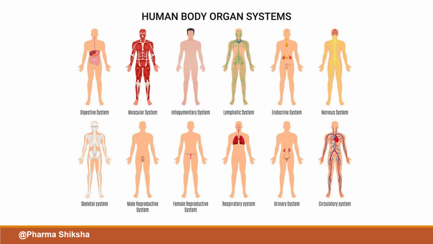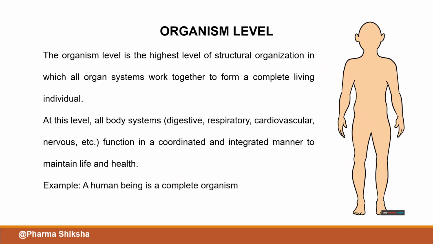We need to study all these systems, like we will be studying in the HAP subject. At the end, we can see the organism level, with the combining of atoms, molecules, cells, tissues, organs, and systems. All these systems combine to form an organism.